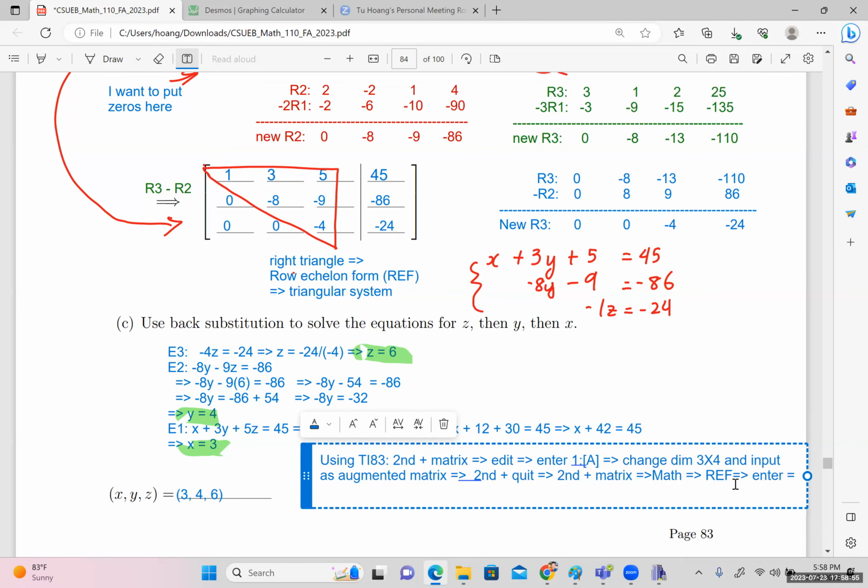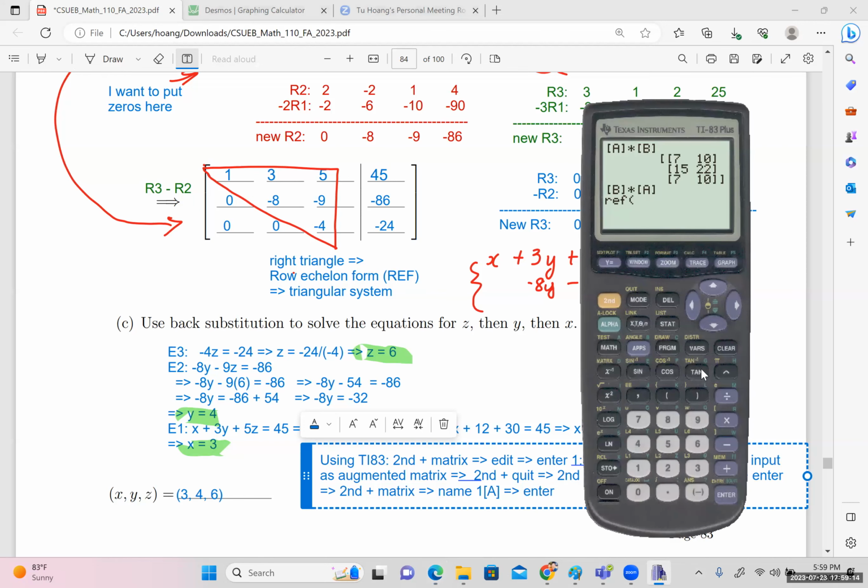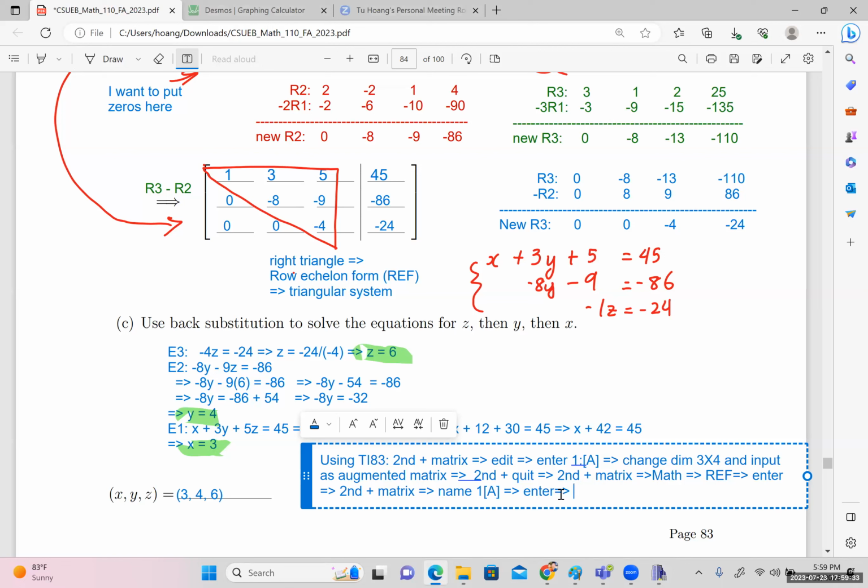Then go back to second matrix again, go to the names and choose 1, matrix A. Enter. Then close the parentheses and enter.